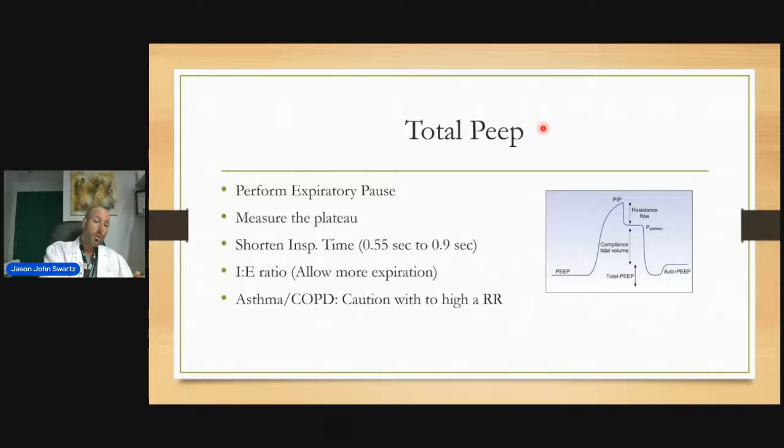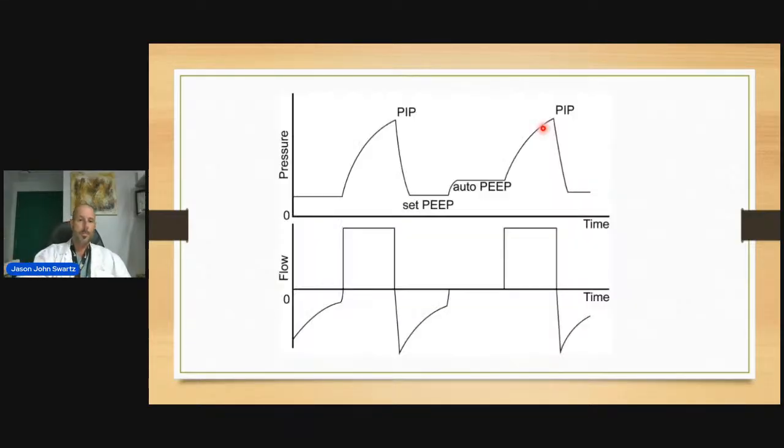So you start low in these cases with the respiratory rate. You do your total PEEPs. Then you can sneak up your respiratory rate, always looking at your total PEEP to see what's the highest rate I can get without making the auto PEEP any worse.